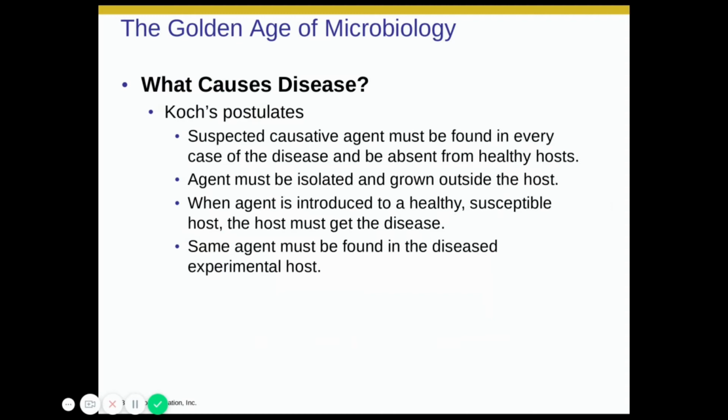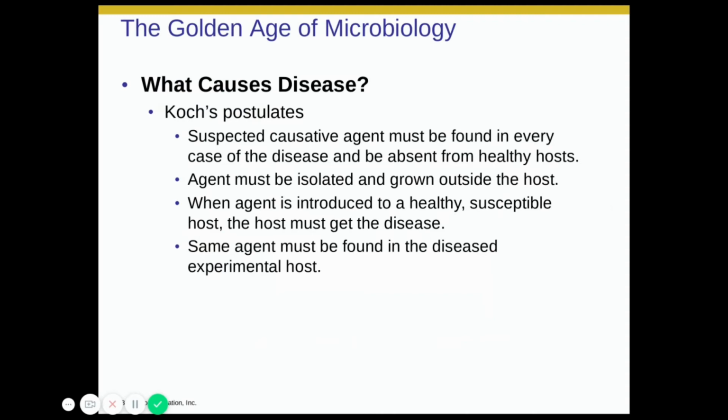You then have to remove some of that agent from that individual and isolate it. You should then be able to take that isolate and inoculate a healthy individual with it, and they have to get that same disease and have the same symptoms as the first individual you derived it from. And it should be found in all individuals.